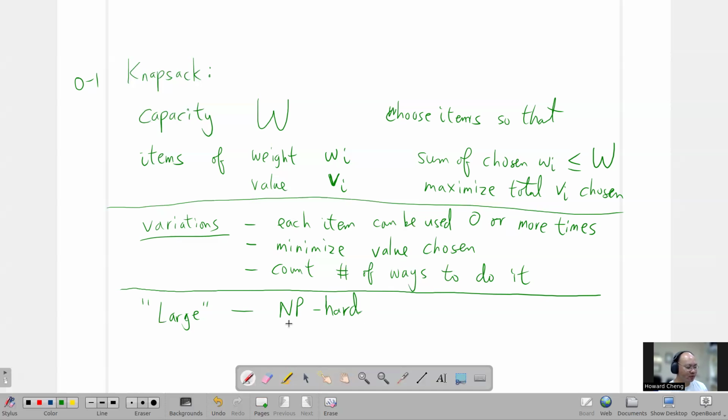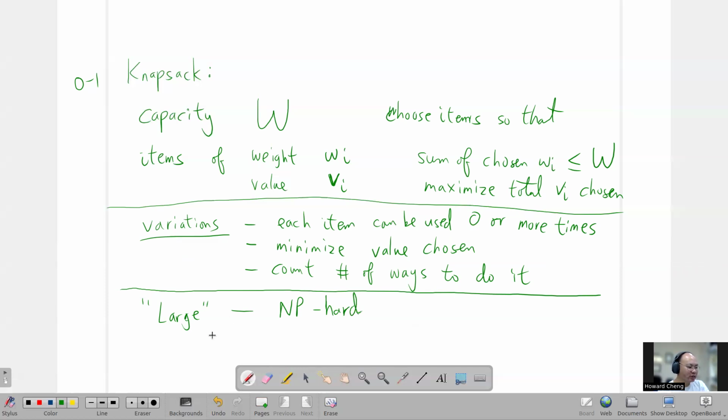But there are no known polynomial time algorithms for solving these problems, and therefore it's basically hopeless. Okay, so you're probably never going to be asked to do this type of problems if the problem is large. But what is large? Large means something very specific. And we'll talk about, I guess, an easier way to say it is what is not large.